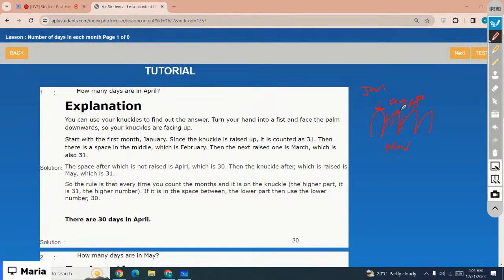The ones that are up have 31 days, and the rest of them have 30 days. The ones that are in the middle of the fingers have 30 days, and the ones that are raised up have 31 days.